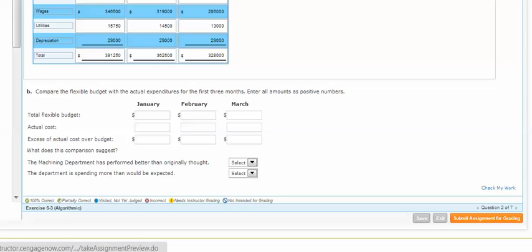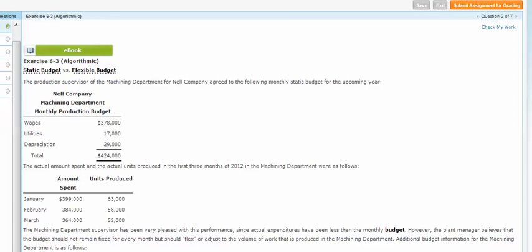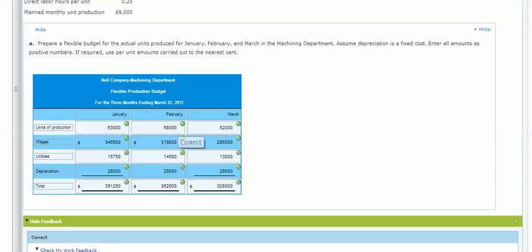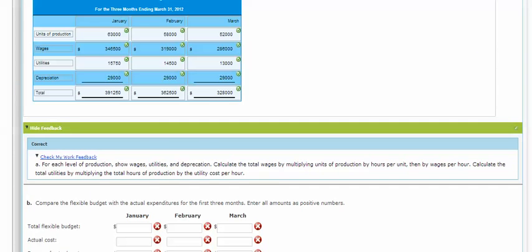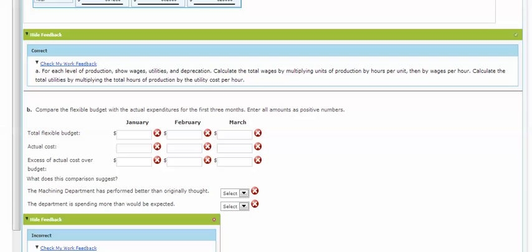We'll go ahead and check my work. So I'm doing so far. Okay, so I'm looking good there. Now the next thing it says, compare the flexible with the actual expenditures for the 3 months and enter all amounts as positive.